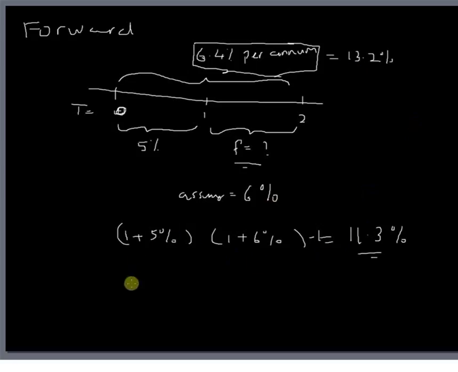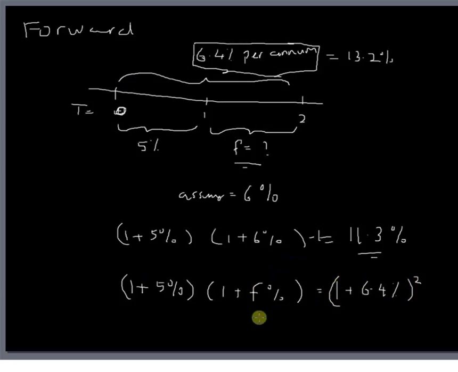So the formula to calculate such a rate is as follows: 1 plus the 1 year rate, which you know, multiplied by 1 plus the forward rate, which you are trying to find out, must be equal to the rate that you know currently for the full 2 years, 1 plus 6.4% to the power of 2. So you simply work out this whole equation to obtain F, and eventually you obtain F to be equal to 8%.